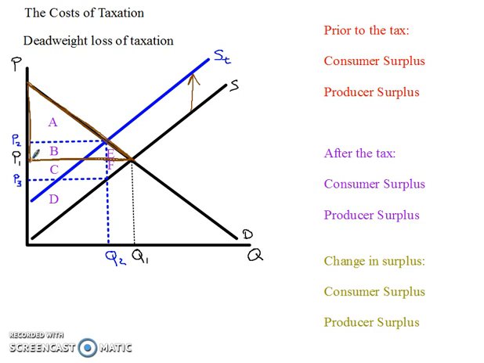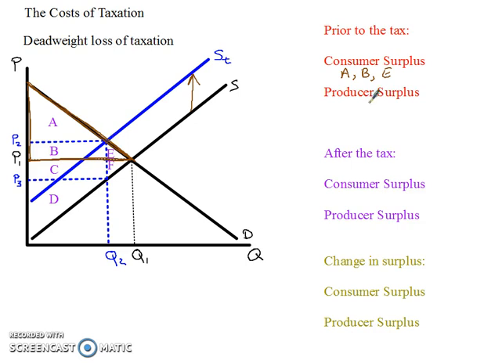That was the original consumer surplus, and I'm going to record that over here. Prior to the tax, the consumer surplus was area A, area B, and area E. That's supposed to be an E in here, that little triangle, which we'll talk about in a second. So areas A, B, and E were the original consumer surplus.